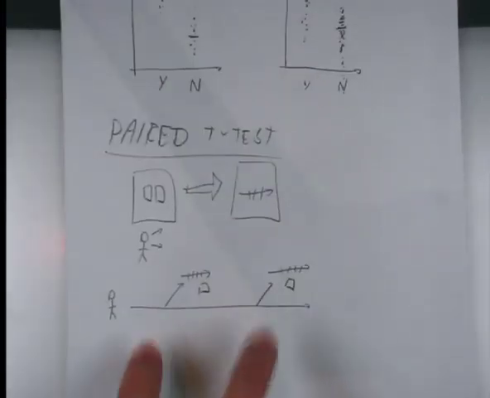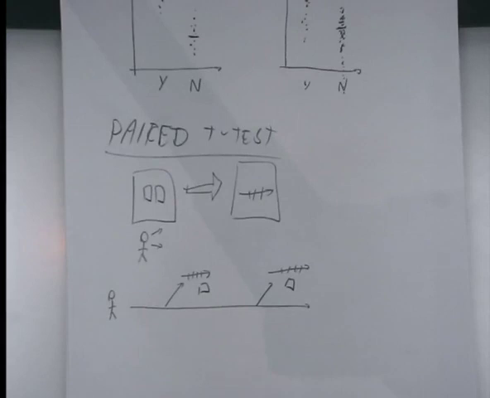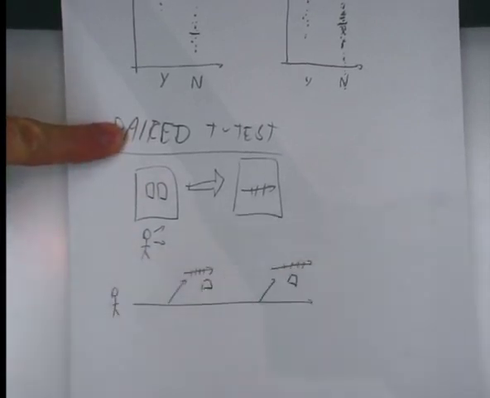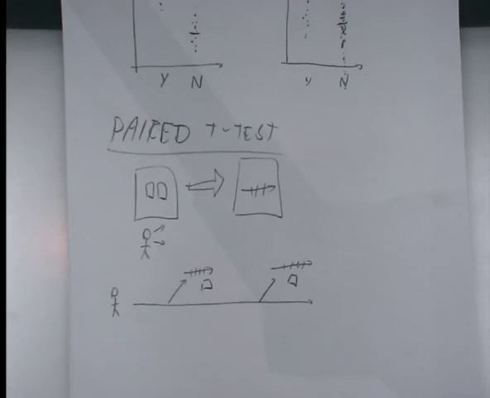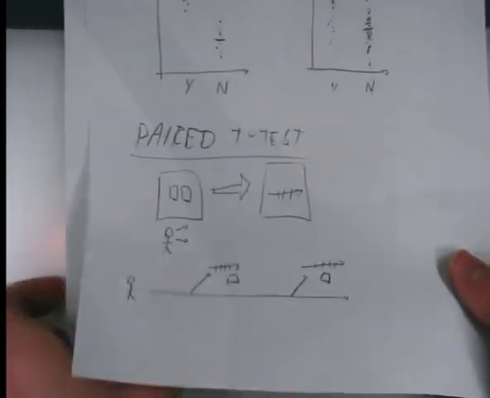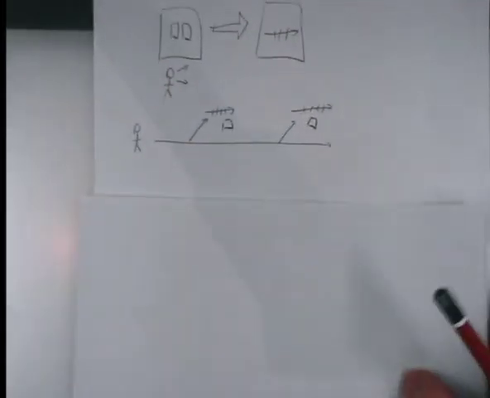But in the paired t-test, I measured the outcome and what situation they're in simultaneously twice. So the pair is referring to this pair of measurements. And the way the paired t-test works is that the data is structured differently, and so you have to do the calculation differently.